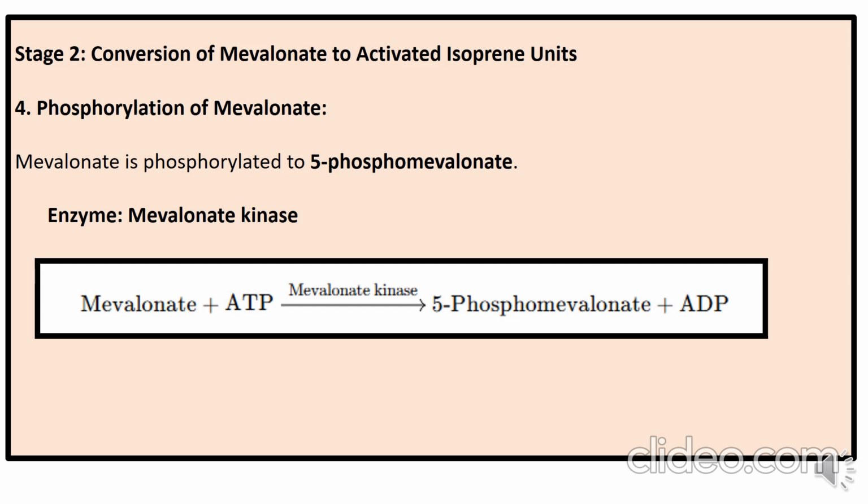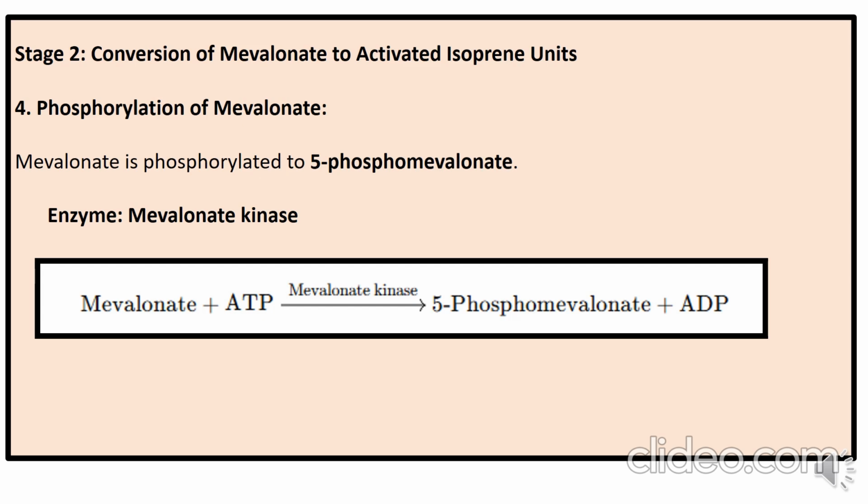Why ADP? Because what is the full form of ATP? Adenosine triphosphate. So here we have 3 phosphate groups. One phosphate group is added to mevalonate to form 5-phosphomevalonate. Thus there are only 2 more phosphates available. So we have written here ADP, and the enzyme involved here is mevalonate kinase.